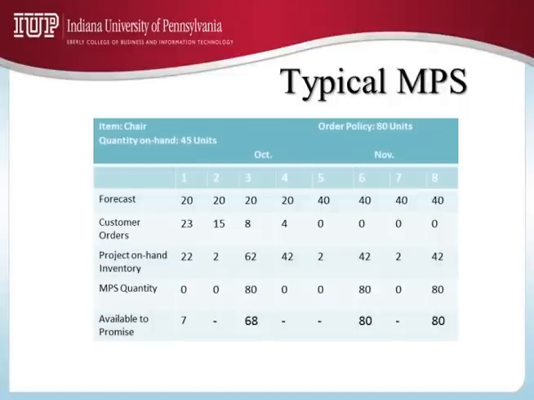Top management or the vice president of sales and marketing would say, I don't care what your master production schedule says. I want you to meet this order of 50 units in week number 2. So you're going to probably move this 80 here. Whatever you have to do, that is done and accounted for in the master production schedule. It becomes the responsibility of the MPS to accept this top-down directive.